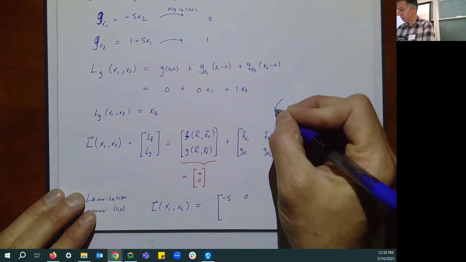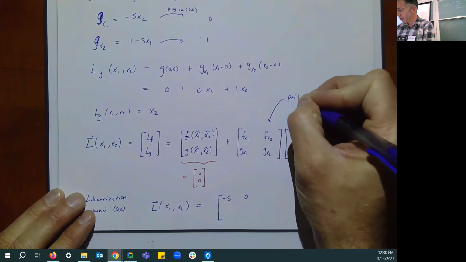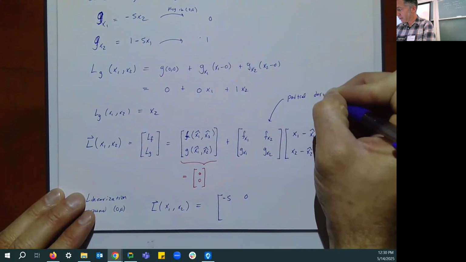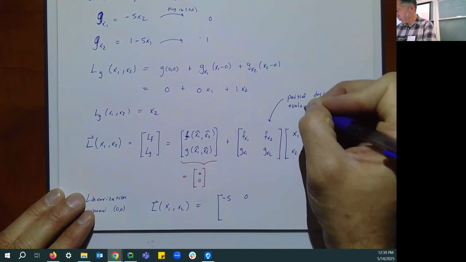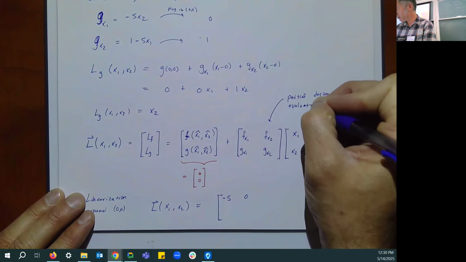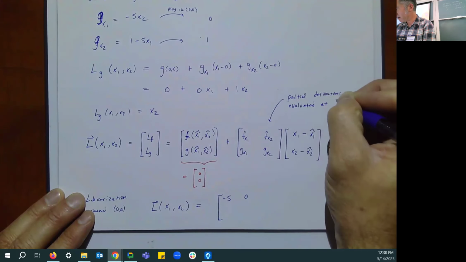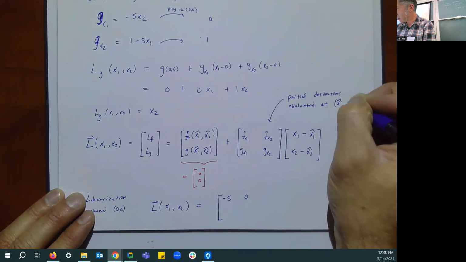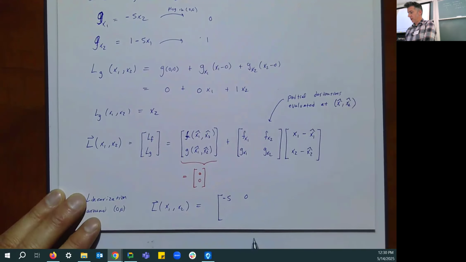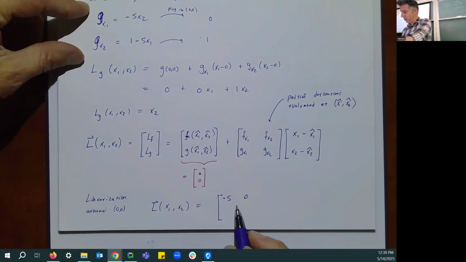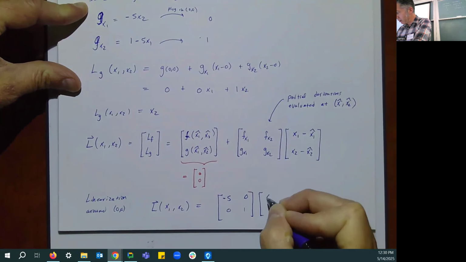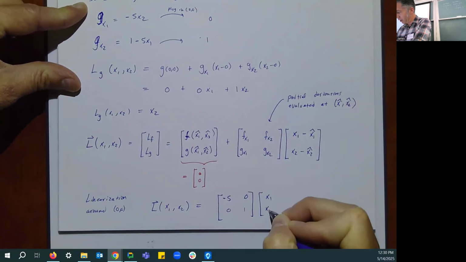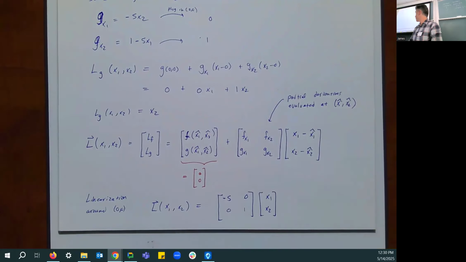So this matrix is the partial derivatives evaluated at the particular equilibrium we're looking at, x1 hat, x2 hat. So -5, 0, and then the g's were 0 and 1, times x1 minus 0, x2 minus 0.